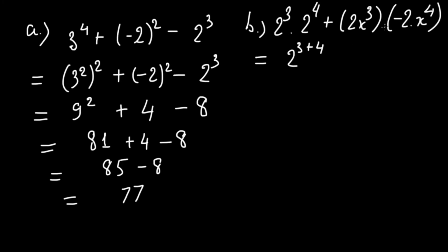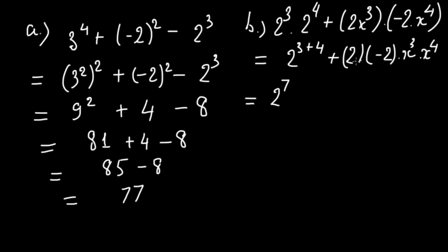Here is the multiplication, right? We multiply all the coefficients together, which means we take 2 times negative 2 first, and then x to the 3rd times x to the 4th equal 2 raised to the 7th.